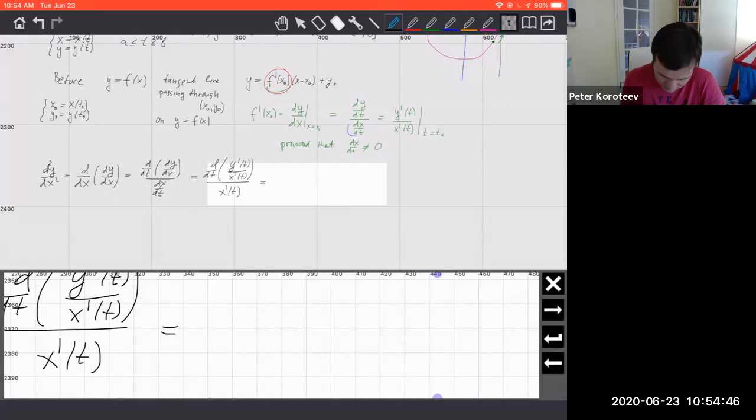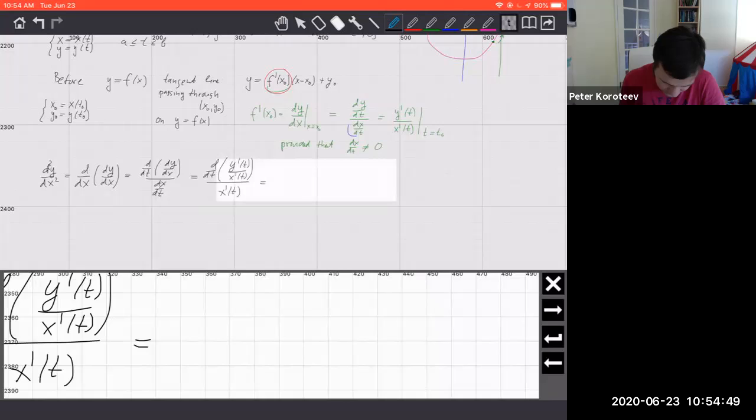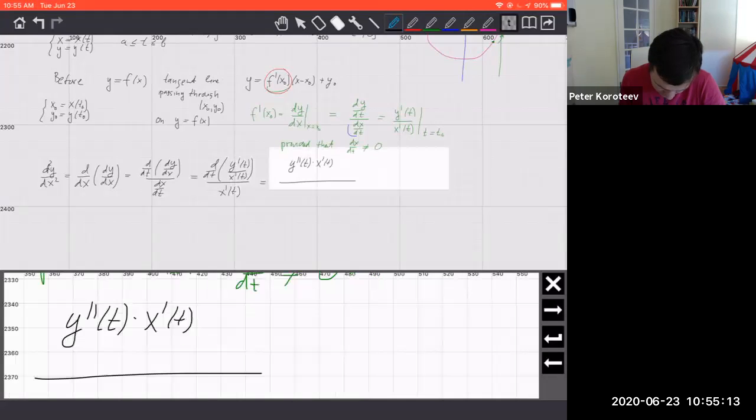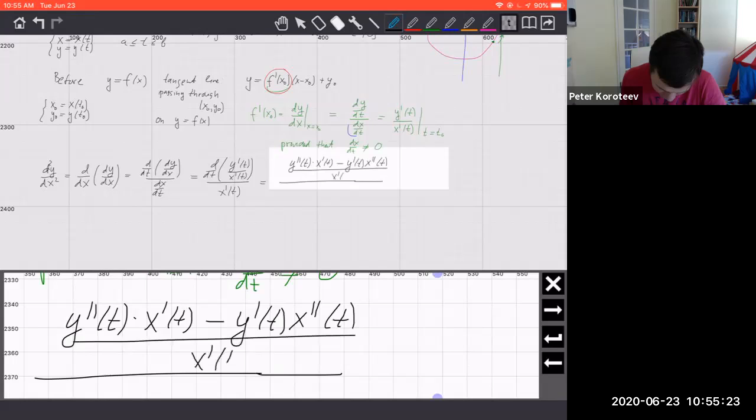Okay, now we can use the ratio rule for the numerator, right? So first we take a derivative of the numerator. So it's y double prime of t times the denominator, x prime of t, minus y prime of t times x double prime of t, divided by the square of the denominator.